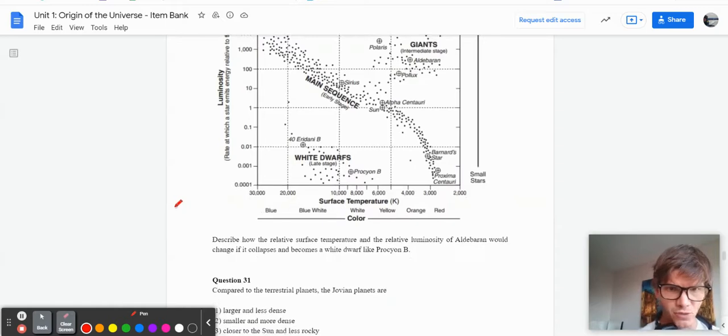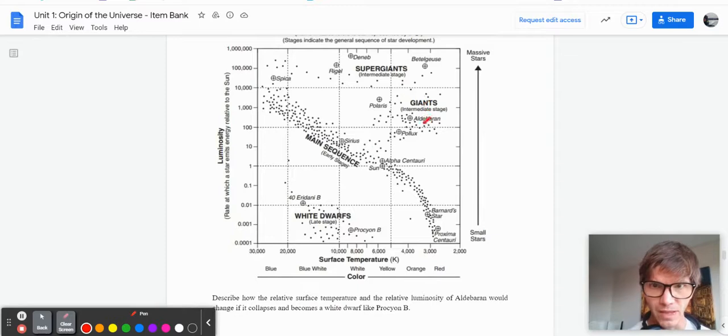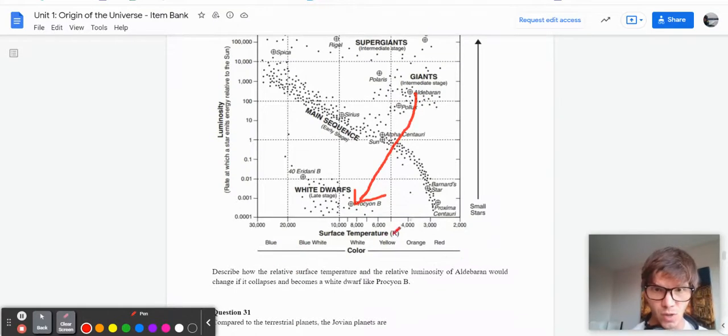All right. Describe how the relative surface temperature and the relative luminosity of Aldebaran would change if it collapses and becomes a white dwarf like Procyon B. So Aldebaran is here, and what would happen for it to go here? Describe how the relative surface temperature and luminosity would change. Well, the surface temperature would be increasing, right, because it's going from about 3,500 to close to 7,000.